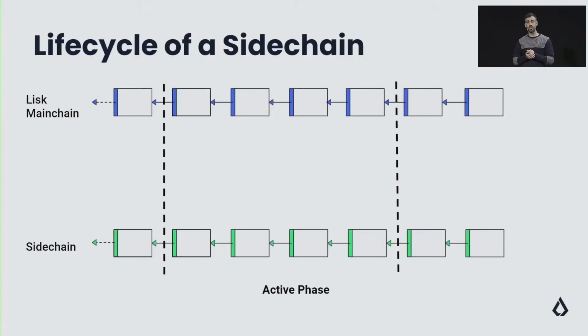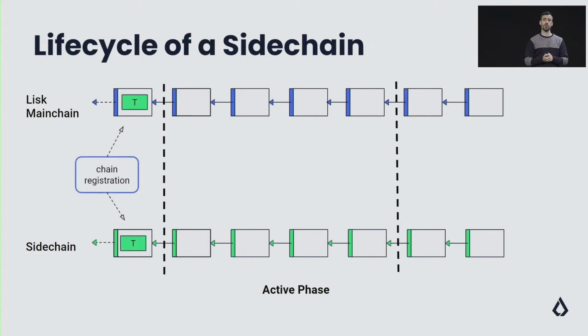Let's go now over a quick summary of what we saw during this talk, during the life cycle of a sidechain. We started talking about the connection phase, which was done by the chain registration concept. First, the sidechain was registered on the mainchain. Second, the mainchain was registered on the sidechain. But still, the sidechain was not ready to interoperate in the ecosystem.